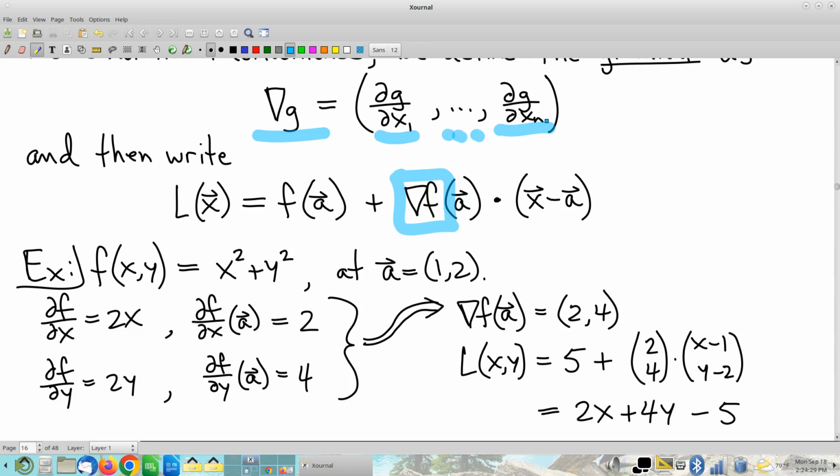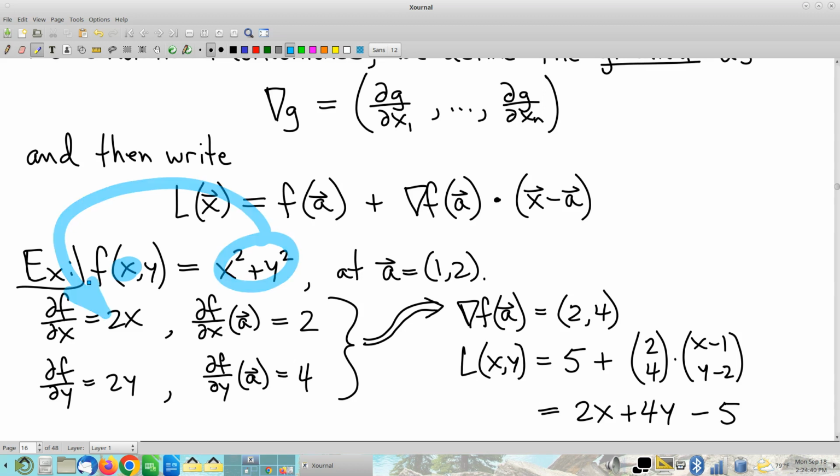In this situation, my input variables are x and y. So first I take the x partial of that. That gives me 2x. Then I take the partial with respect to the next input variable, so the y partial of this gives me 2y. So whatever your function is, it's always partials with respect to whatever your input variables are. Yeah, cool.